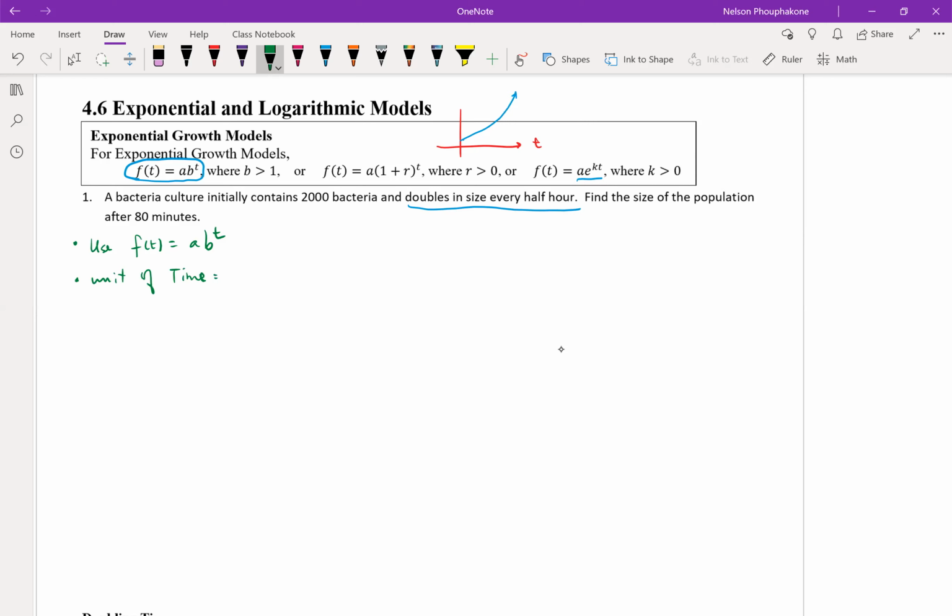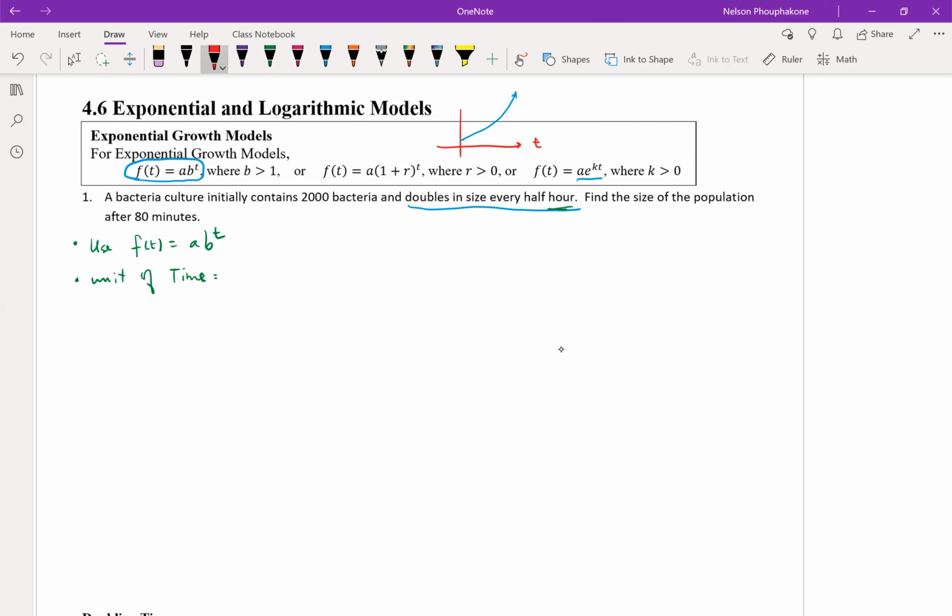However, in this problem, the population doubles every half an hour, so some of you may consider using hours as the unit. But what they are looking for is the size after 80 minutes.